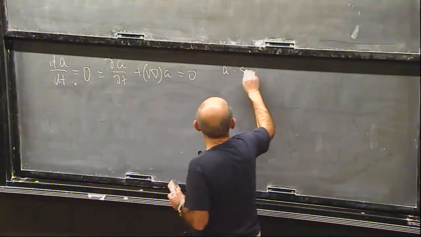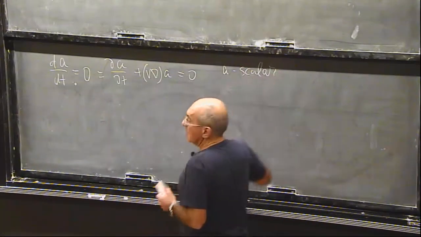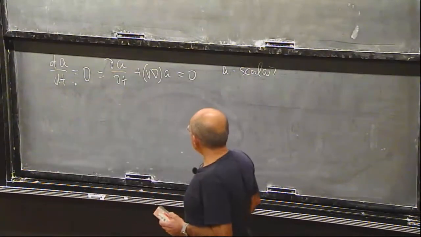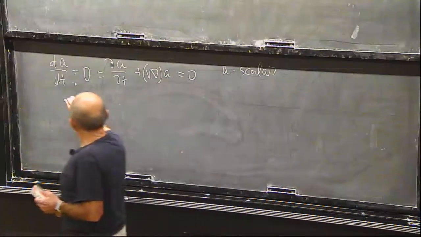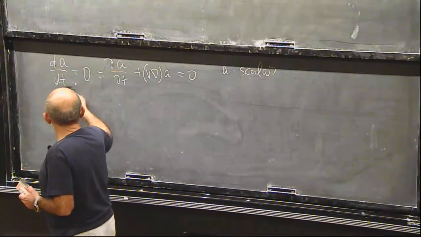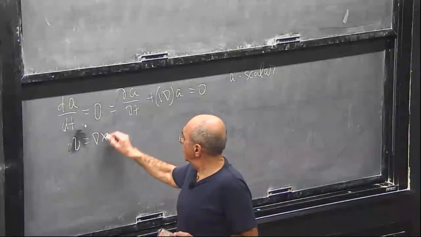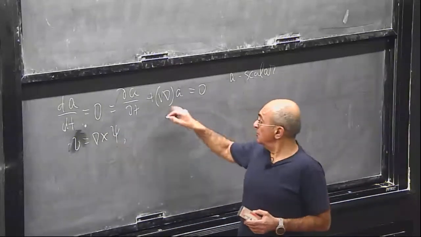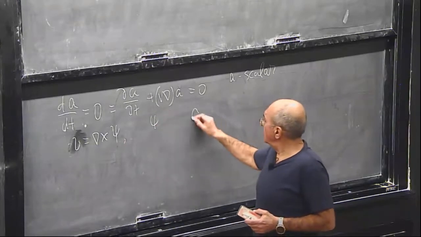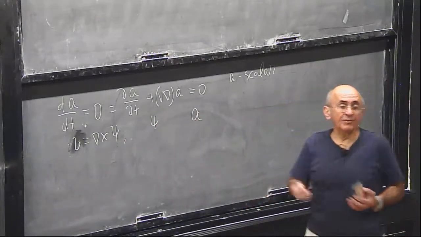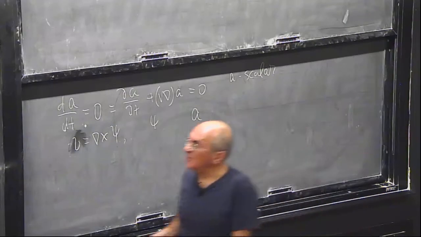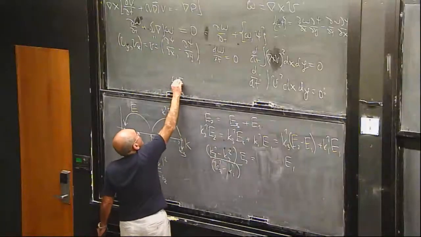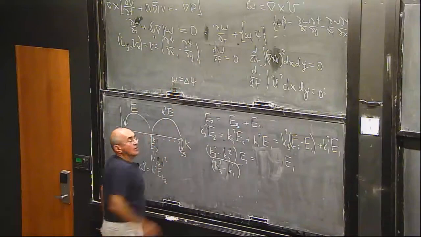And A is a scalar. Vorticity in two dimensions is a pseudoscalar. The difference is in V, which is always expressed through the stream function, but the relation of the stream function and A could be different. And in this particular case, for the Euler equation, omega is the Laplacian of the psi function.